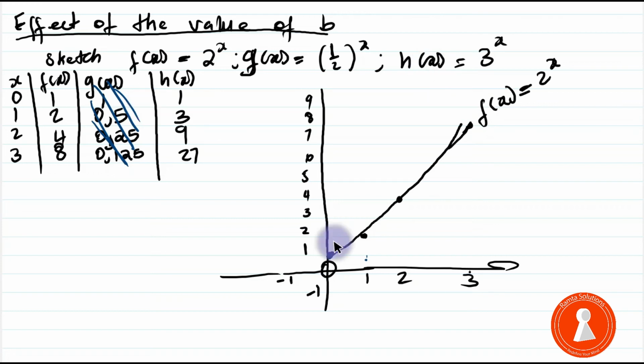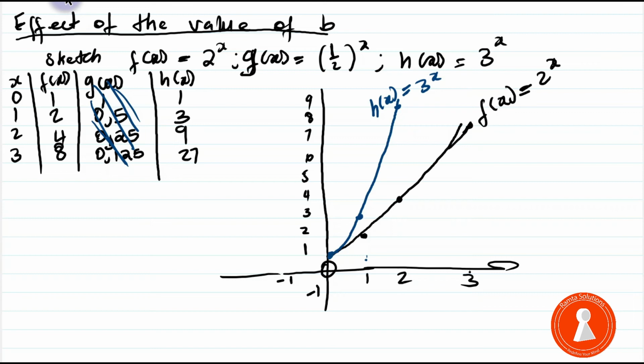So h of x, 1, 1 and 3, 2 and 9. Okay, this one is h of x equals 3 to the x.